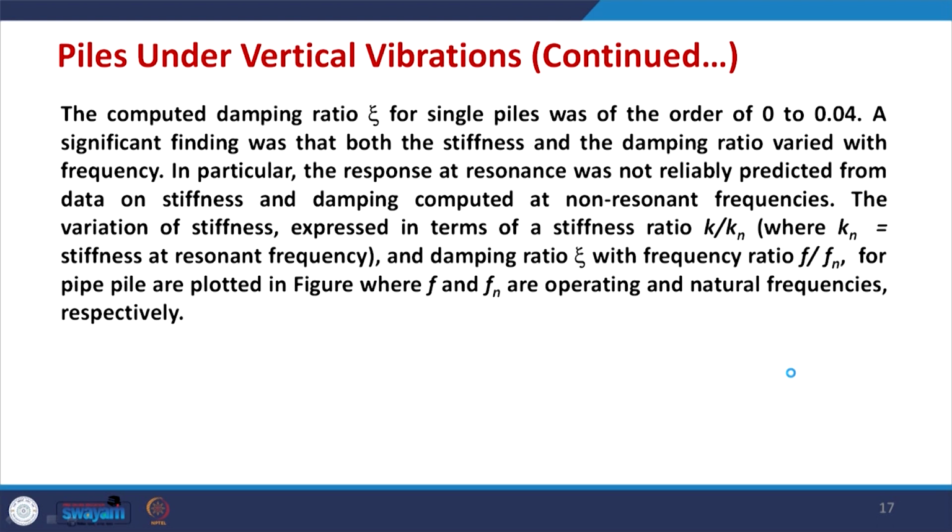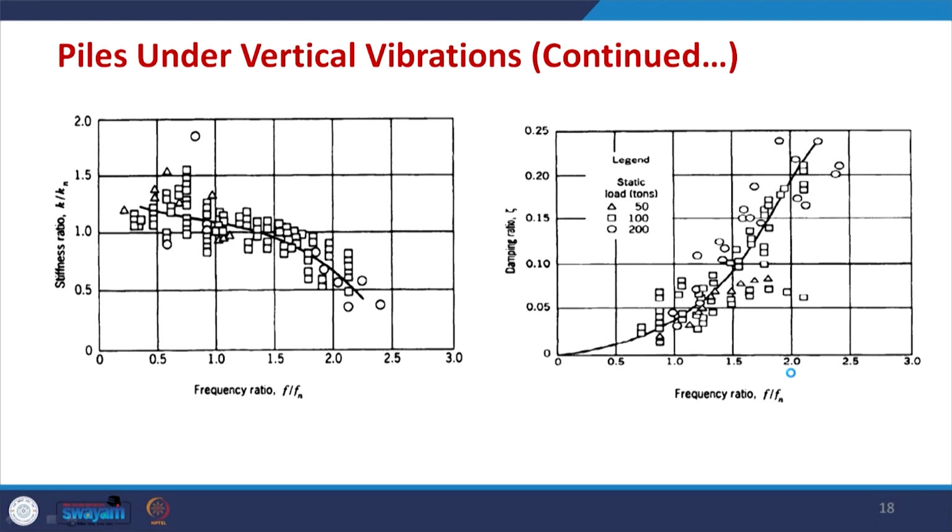The variation of stiffness is expressed in terms of stiffness ratio K by Kn, where Kn is stiffness at resonant frequency, and the damping ratio Xi, with frequency ratio f by Fn, is plotted in the figure, where f and Fn are the operating and natural frequencies respectively. So, what you could see under this vertical vibration after carrying out the analysis, these are the results by the researchers Prakash and Puri.